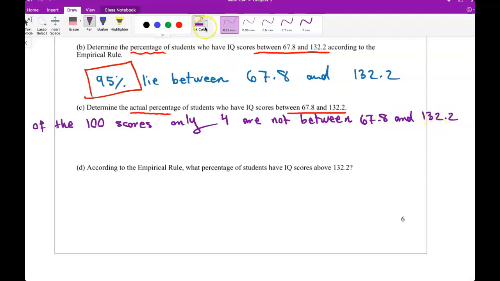And what were those numbers? We had these 4, 141, 136, 62, and 60.